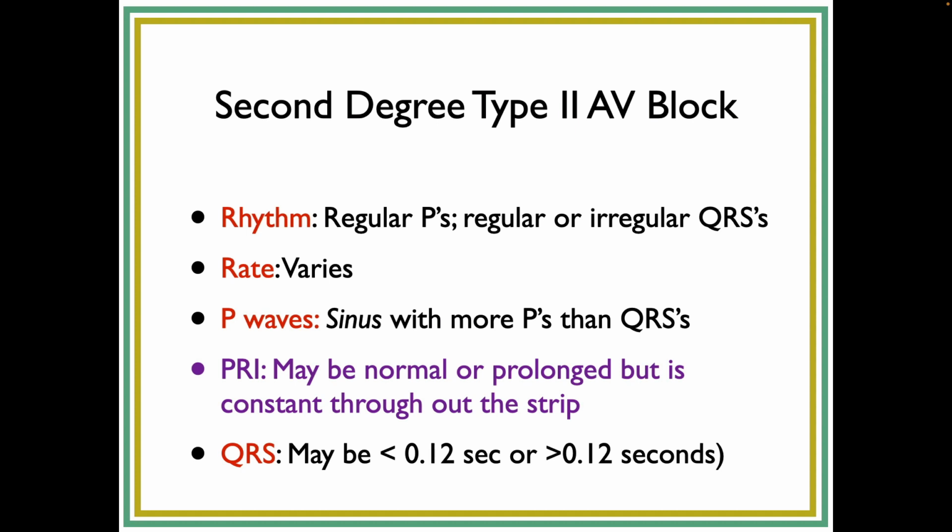The PR interval, this is important, can be normal, meaning 3 to 5 small boxes, or it can be prolonged as though it were a first degree AV block. So it can be either one, but the important thing is there's no variation like there is with either third degree AV block or second degree type 1. It's constant all the way through. And the QRS can be narrow or wide based on the level of the block.